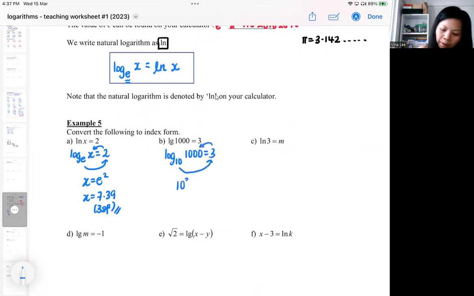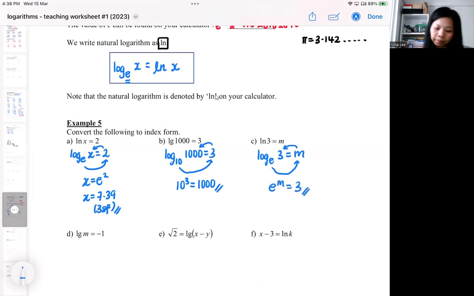If I change back, 10 cubed will be 1000. Ln3 means log base E of 3 equals m. If I change back, I will get e to the power m equals 3. So get used to the changing.